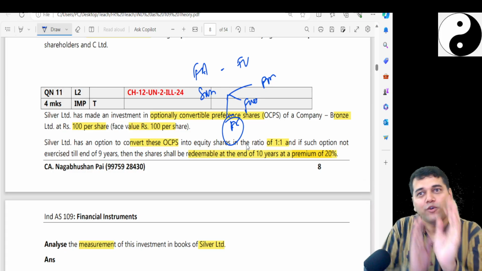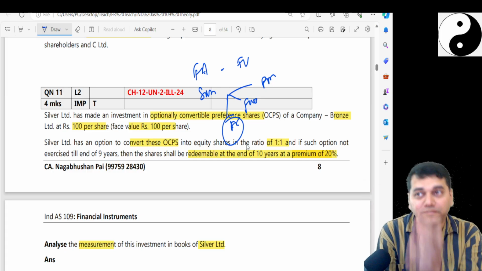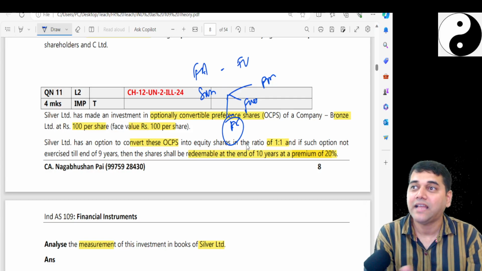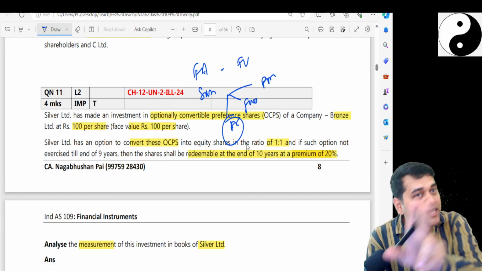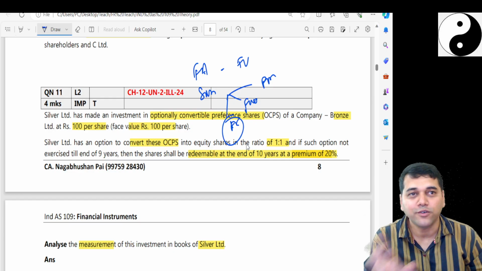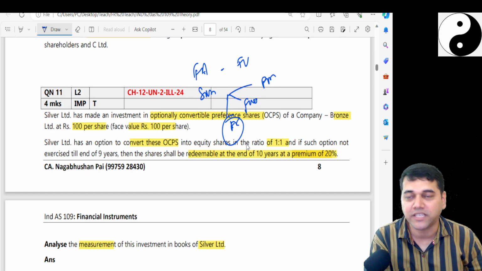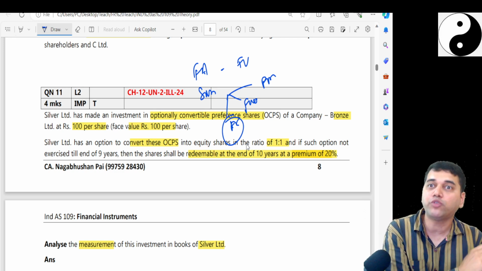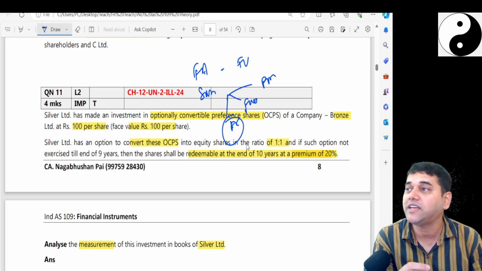Something will go into FVTPL, but if it is an equity share and not held for trading, then you have an option to take it to FVOCI. Since it has failed the SPPI test, where will it land up? FVTPL. Do you have any option from FVTPL to take to FVOCI? No, this option is there only for equity shares.